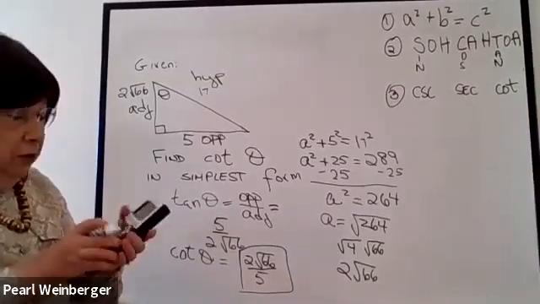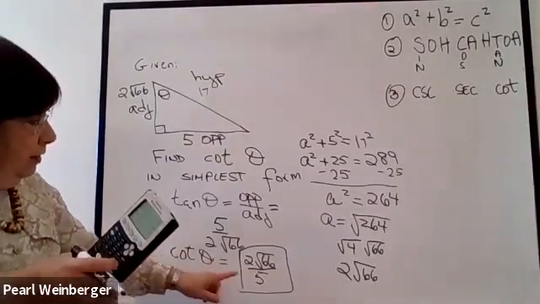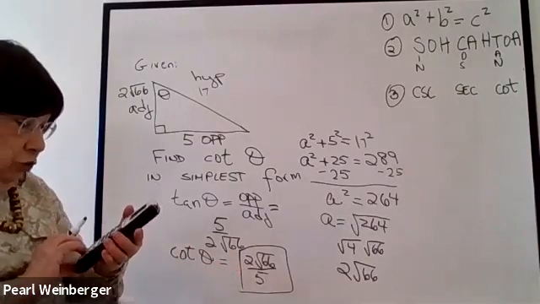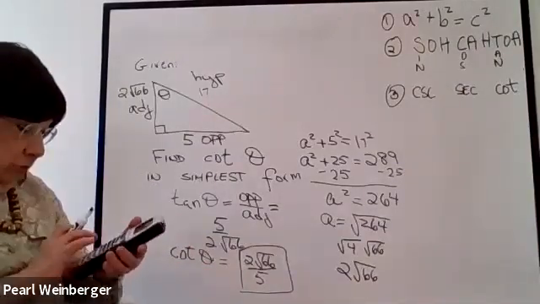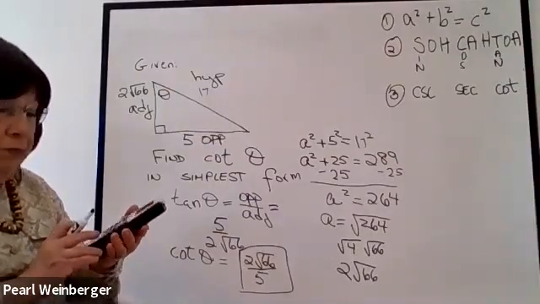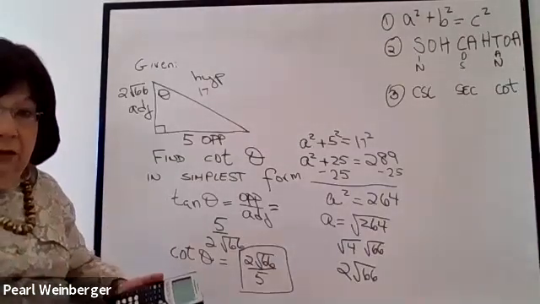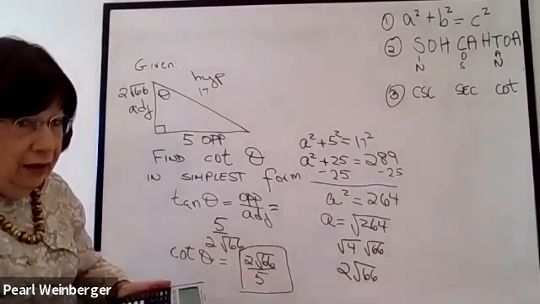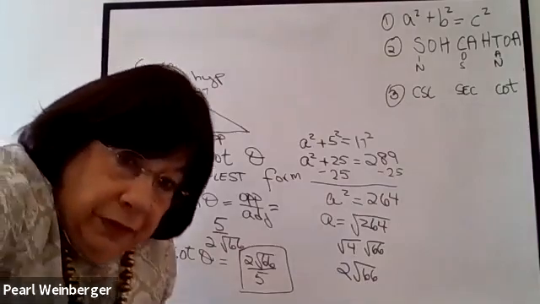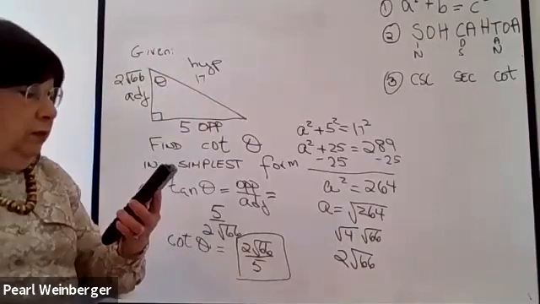I'm going to try it on my calculator. Everybody, if you have a calculator, try converting this to decimal. So I'm going to put 2, and press my square root button. If you don't know where your square root button is, make sure you find out, because that's a very important button to be using.